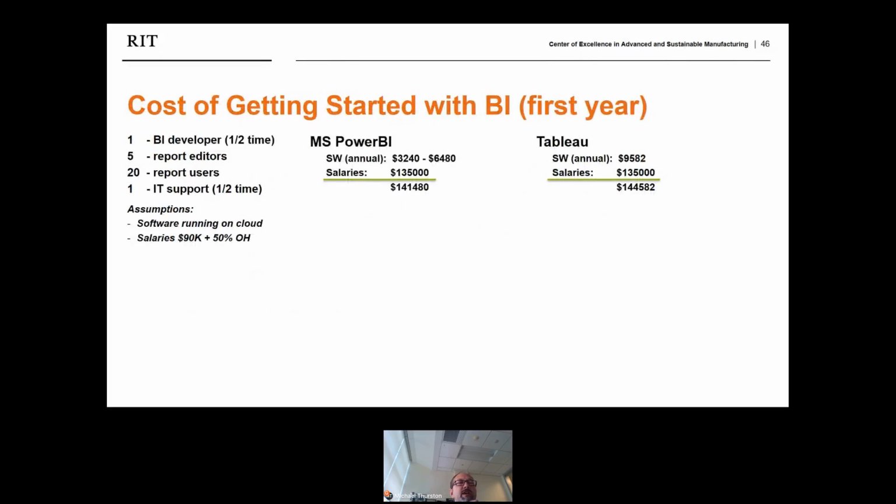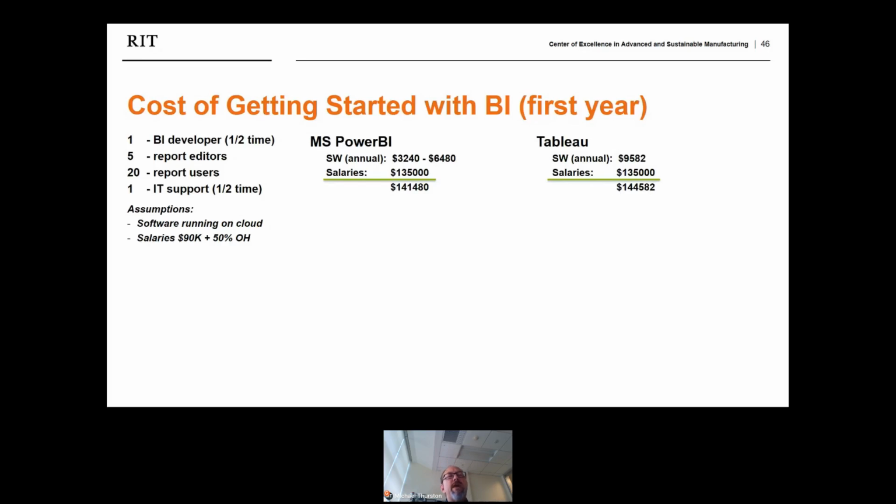This is an example, a small company example, where we're looking to have one developer with some IT support, 5 report editors, and 20 report users. With some of the products, the cost of the user license depends on their role. Two of the lower cost products I looked at costing for are shown here.